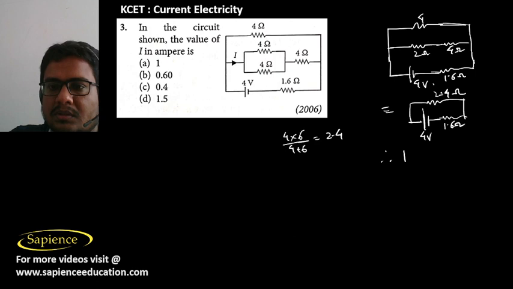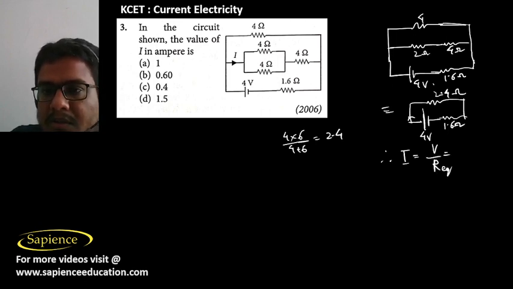Therefore the current through the battery or cell is V by R equivalent, where V is the voltage of the cell or the battery. So this is 4 volt divided by 4 ohm, that will be 1 ampere.